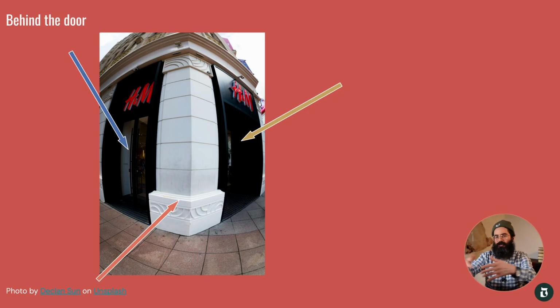So you have, let's say, a pretty simple square house, and in this corner over here, you have a beam. Where the gold arrow is pointing, you have a little door on that side. And where the blue arrow is pointing, you have a door on that side. And where the pink arrow is pointing, that's the beam in the corner.